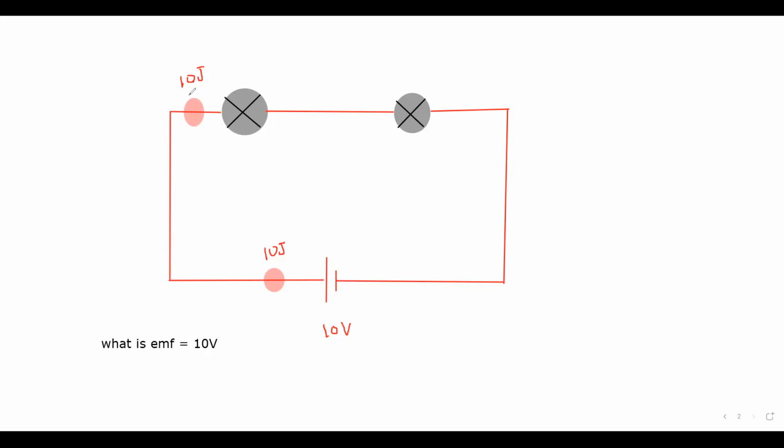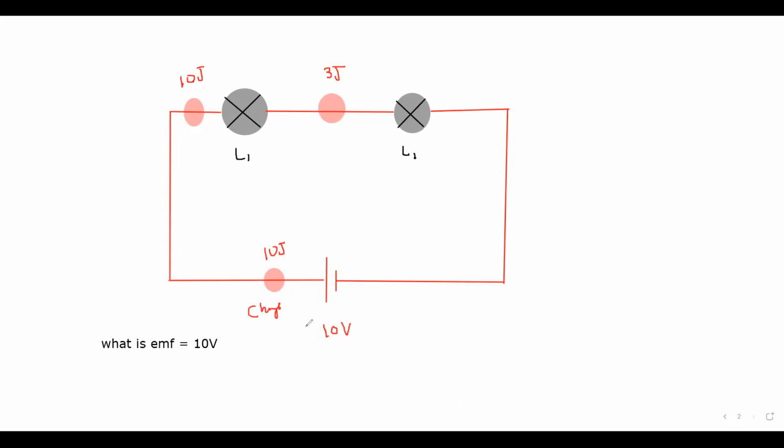For example, here the charge was having 10 joules, but when it passes through lamp 1, this one is lamp 1 and this one is lamp 2, it is having 3 joules left. How much energy is transferred by this charge across lamp 1?